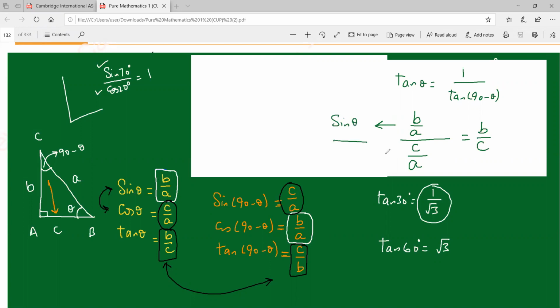And this is basically your cos theta. And this B over C is your tan theta. So you have a relationship here that tan theta is the same as sine theta over cos theta.